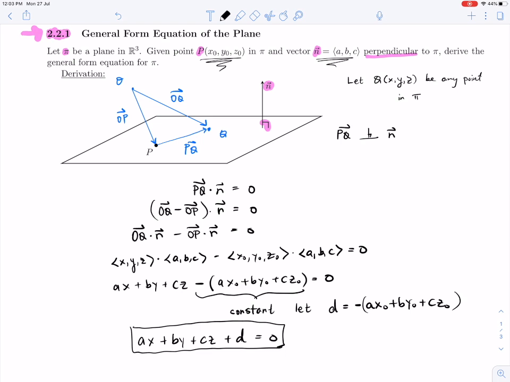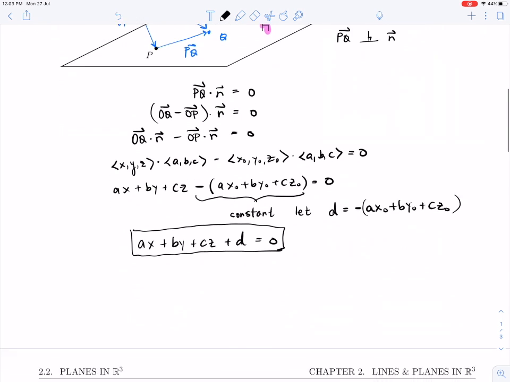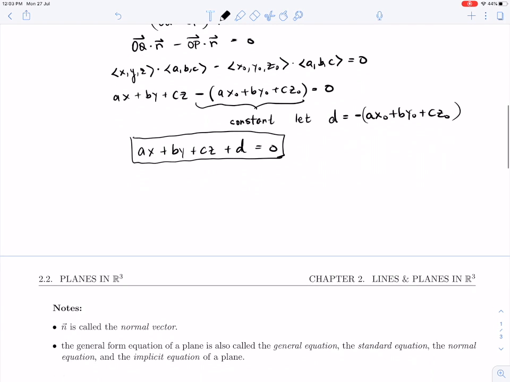Now there's a couple of things that we should just take stock of here. That vector perpendicular is called the normal vector. And if you remember from the beginning of the problem, n was (a, b, c), and you can actually still see the components of n sitting right there, right?